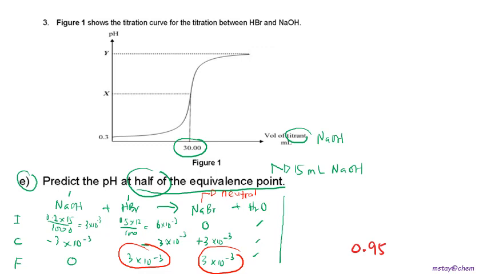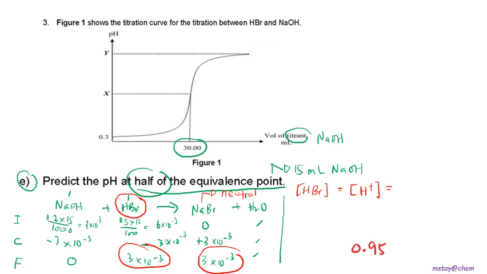So that means we will calculate the pH value for the HBr that is left in the conical flask. Since HBr is a strong acid, it will dissociate completely, so the concentration of HBr will be equal to the concentration of H plus, and it is a monoprotic acid.